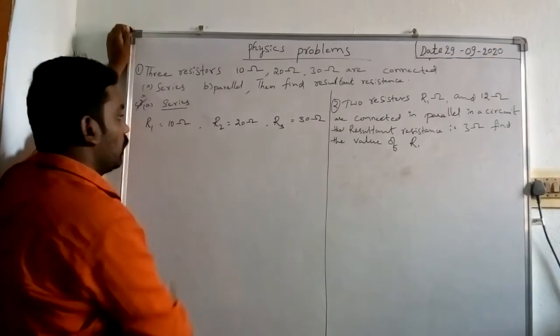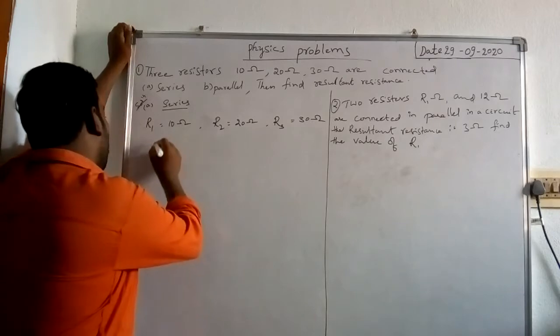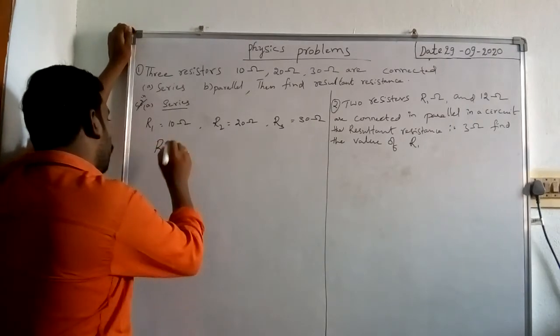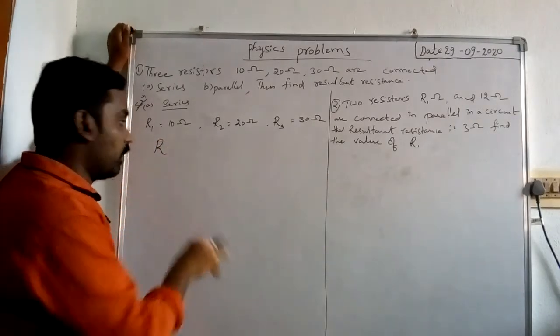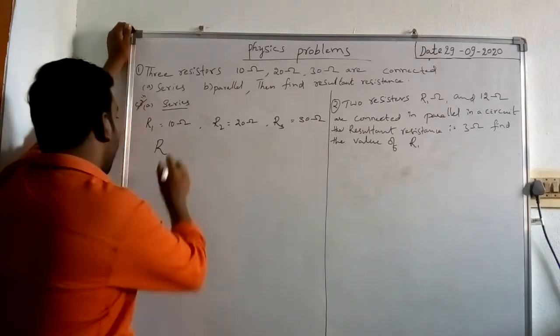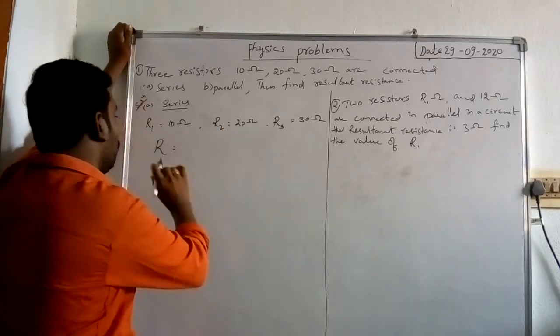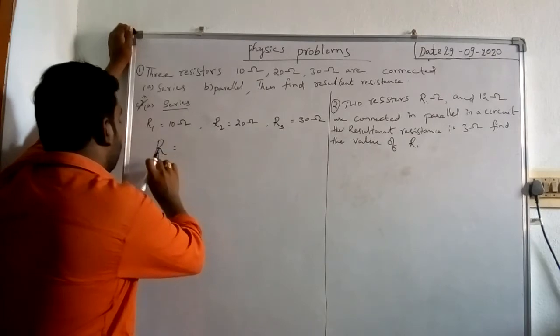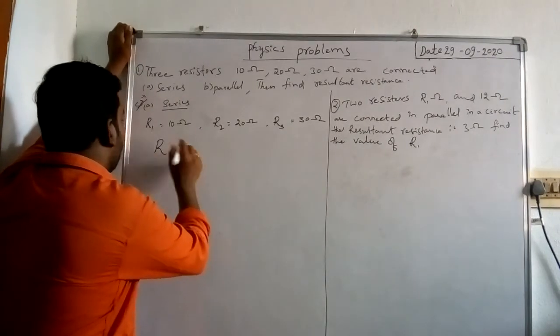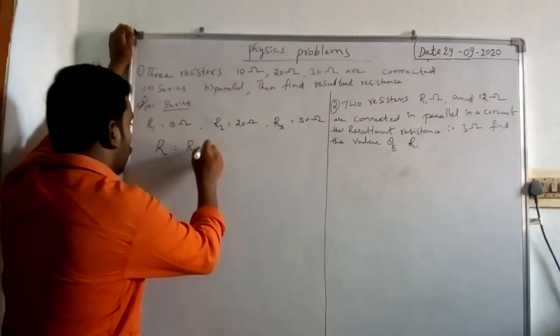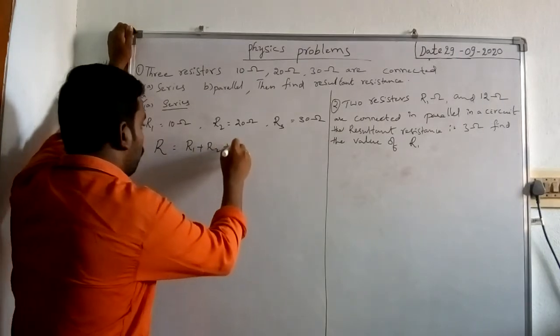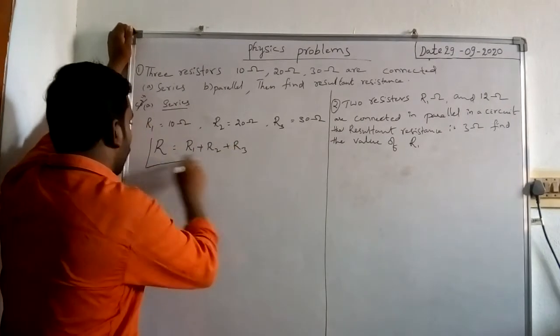For series connection, what is the formula? R equivalent means resultant, so the resultant resistance R equals R1 plus R2 plus R3. This is the formula we know already.